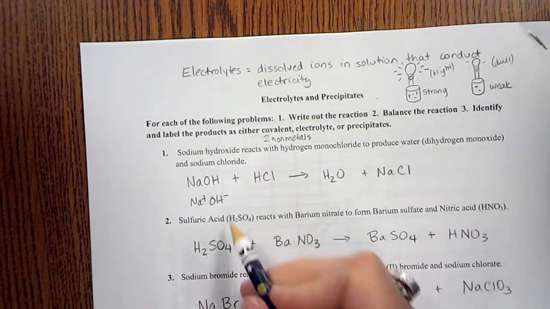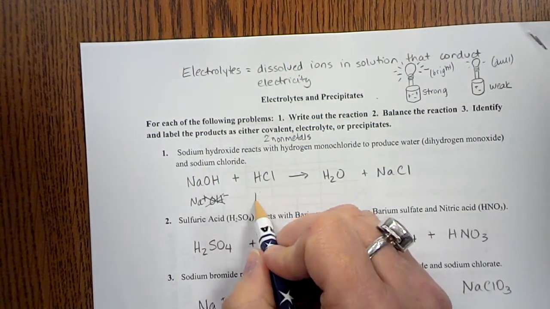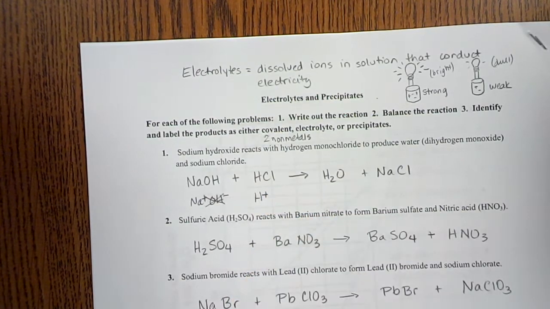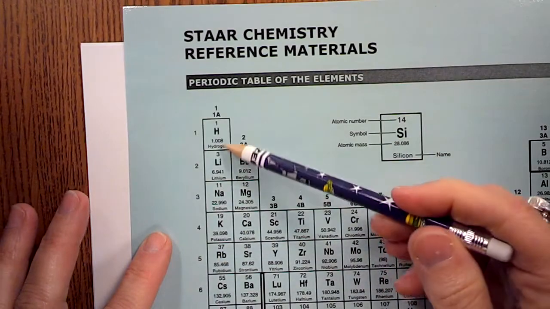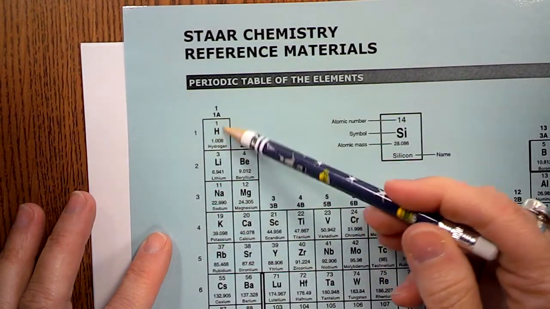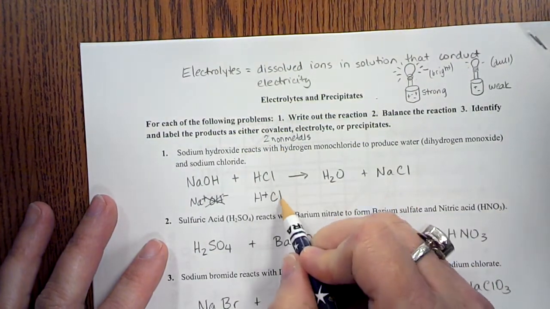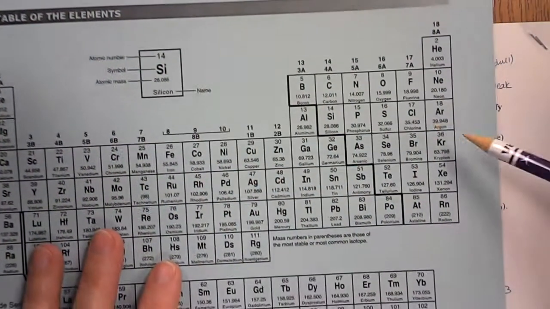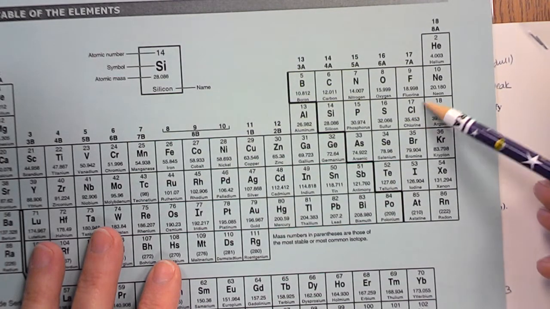And so when you crisscross your +1 and your -1, you just get one of each. Hydrogen is a +1. He's in the same column with all your other alkali metals. He's not a metal, but he's there because of his behavior. So he has a +1 charge. Chlorine on the periodic table is over here. Chlorine is going to gain an electron to be like the noble gas, so he's going to be negative.